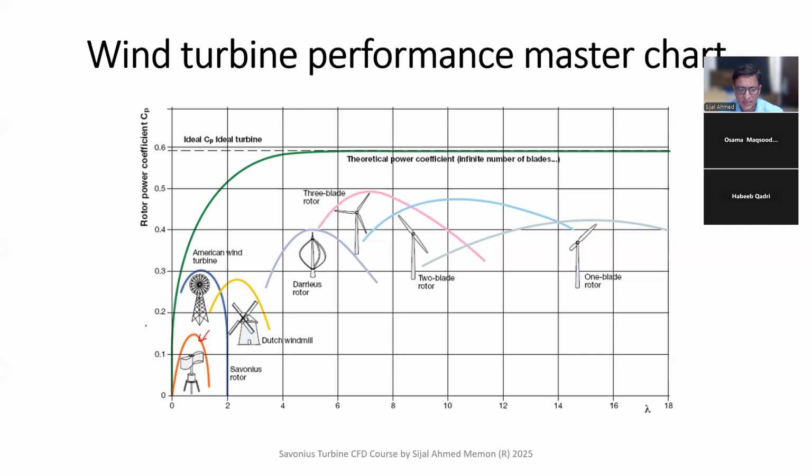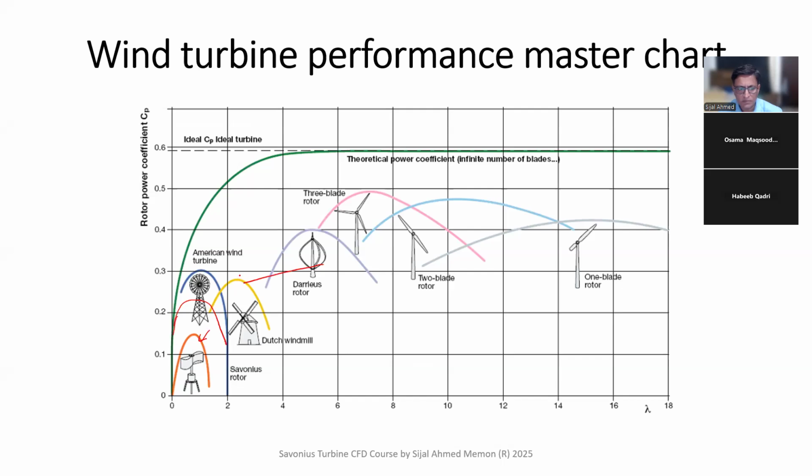But this was done, I think, back in the 90s or 80s. The newer Savonius turbines are performing better than shown there. Okay, so that is a change of technology or improvement in technology, and the understanding of the physics of the different turbines. Similarly, the Darrieus turbine, you can see here.